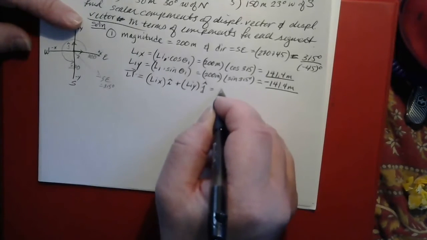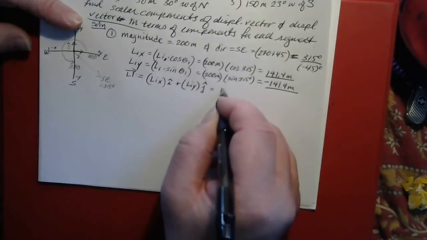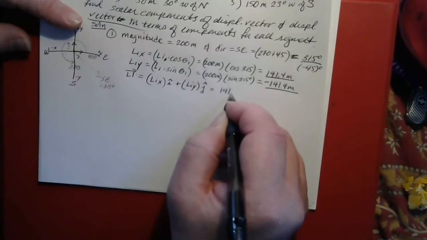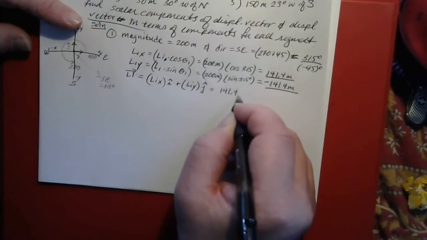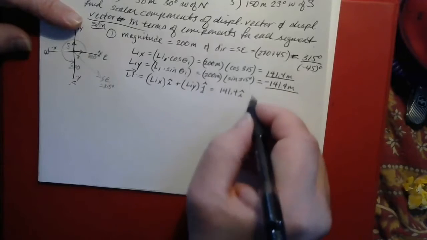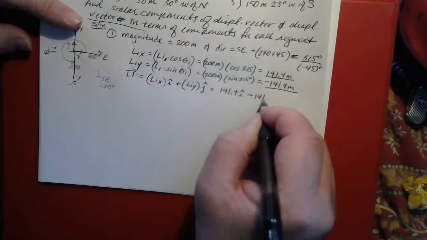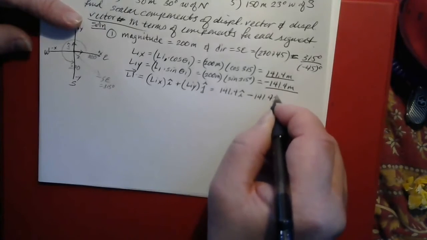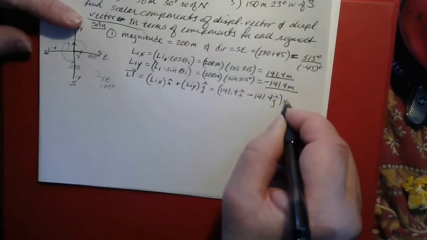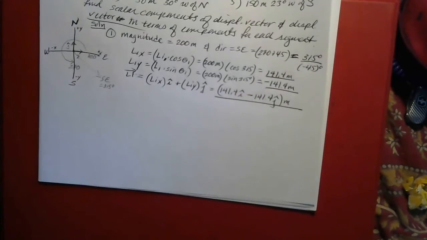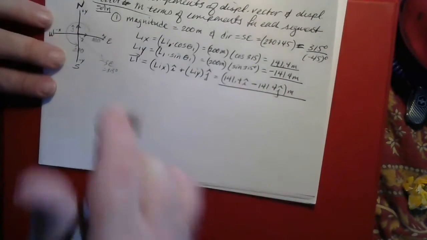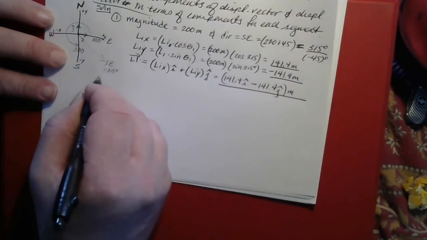It's going to be 141.4 times the unit vector i, minus 141.4 times the unit vector j meters. So that's the vector in terms of its components for the first leg of the journey, or the first segment.